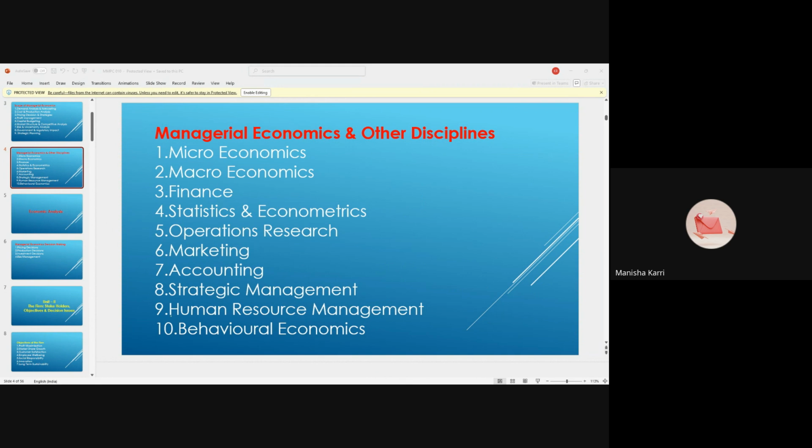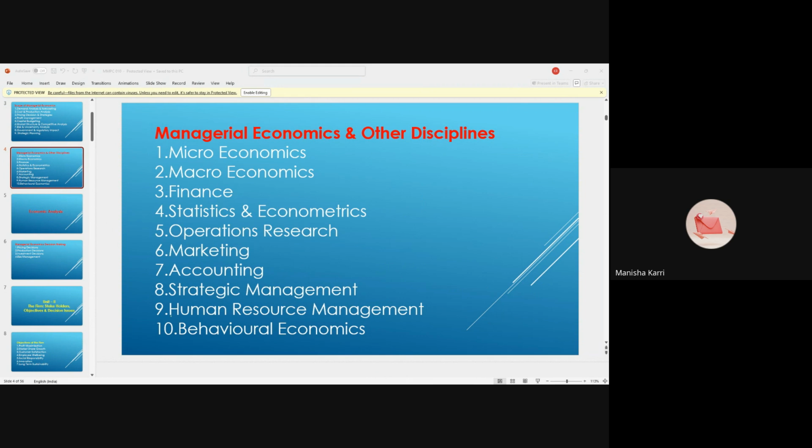That is microeconomics. And coming to macroeconomics, macroeconomics offers insights into broader economic factors such as inflation, unemployment, national income, and fiscal and monetary policies, helping managers anticipate and respond to economic trends and cycles. That is macroeconomics.